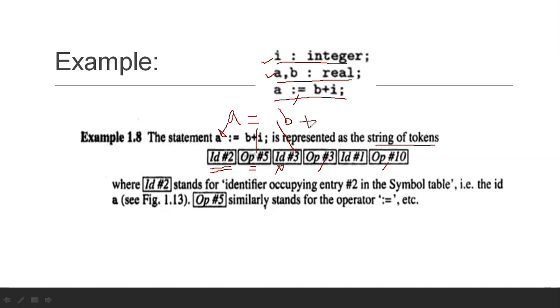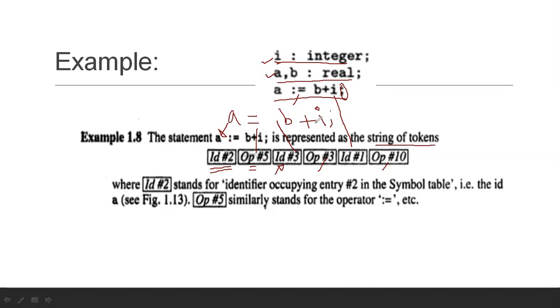OP hash 3 is plus. ID hash 1 is derived from I. Where is I? I is got at the first occurrence. That's why ID hash 1 is nothing but I. And OP hash 10 is nothing but semicolon.